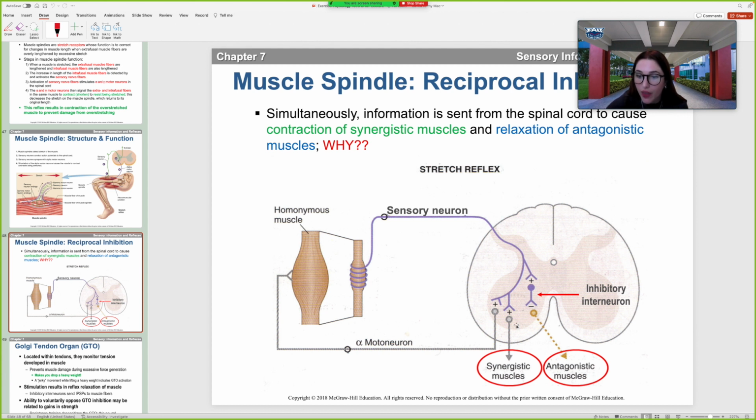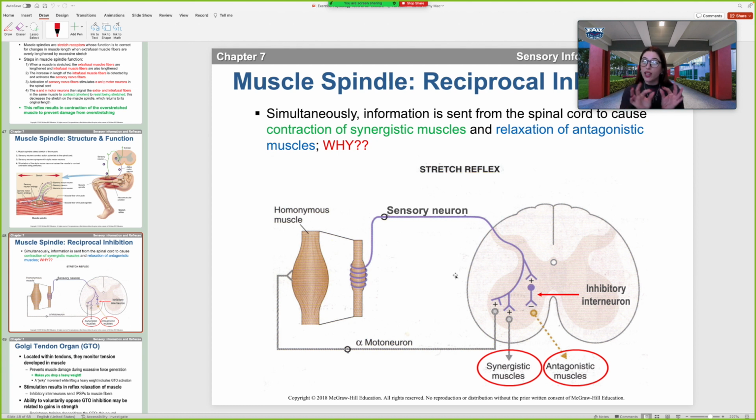So here we have that, right? Here's the stuff that we already talked about. We sense the stretch of the muscle, and that sensory information is sent to the spinal cord and it triggers the alpha motor neuron to contract the muscle and also the synergistic muscles as well.